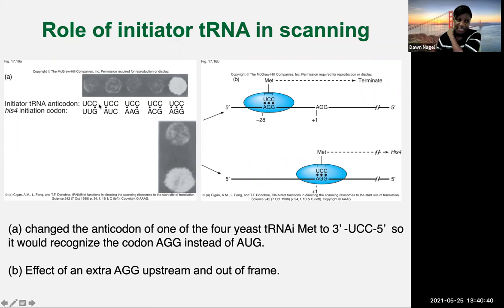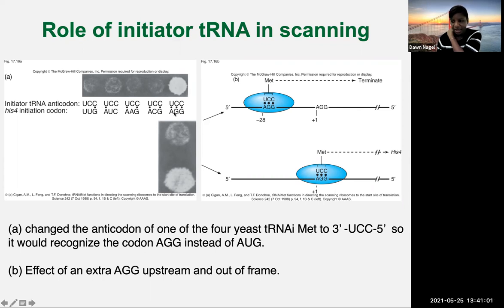They created a tRNA where the anticodon was changed to UCC. It was changed to UCC because they wanted, instead of AUG, an AGG as the start codon.